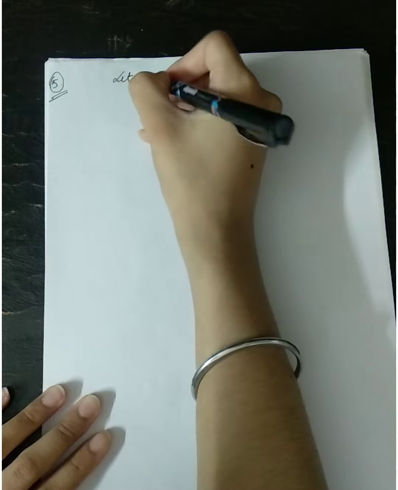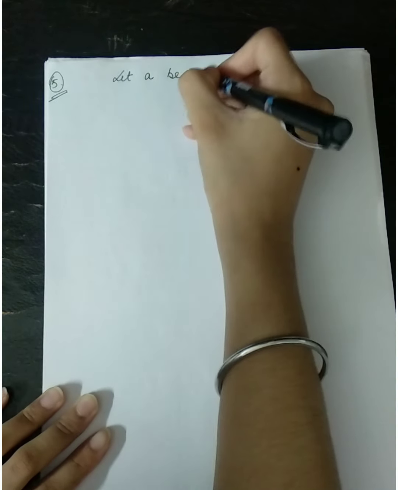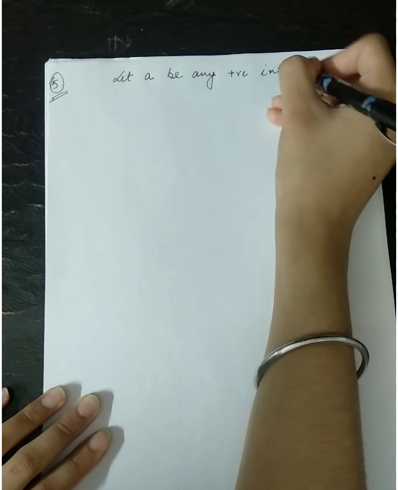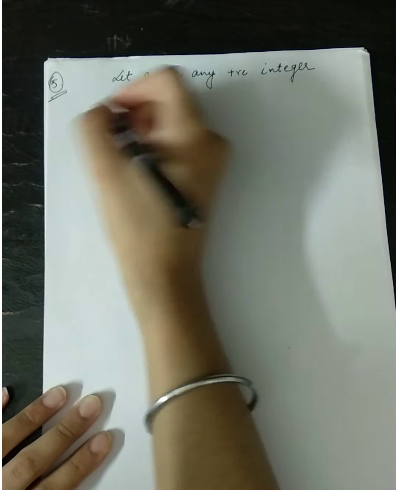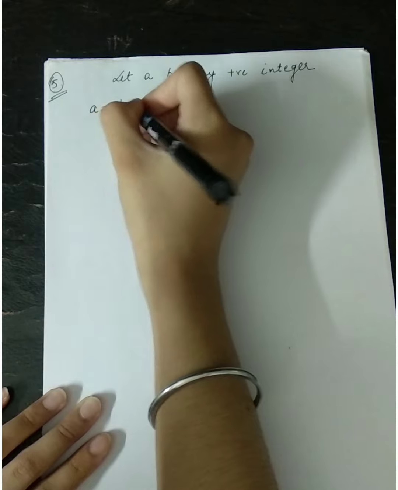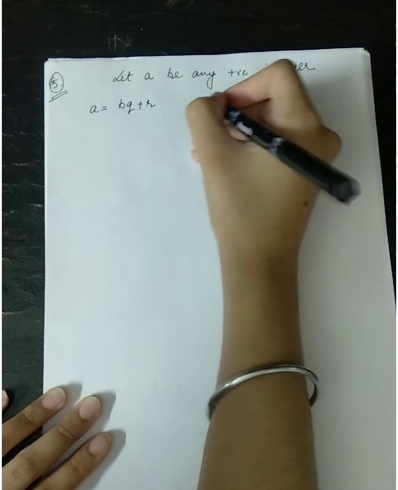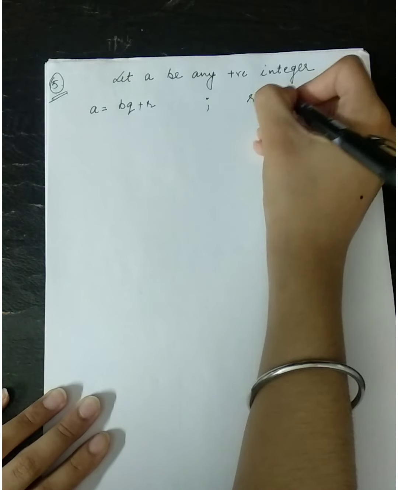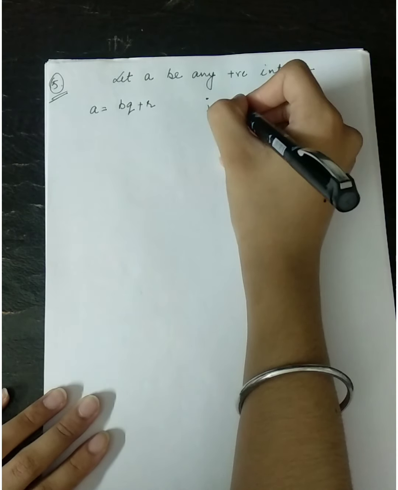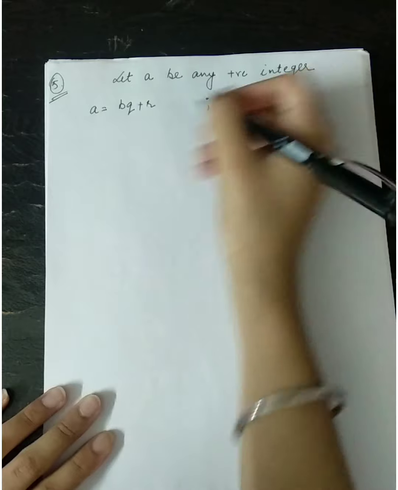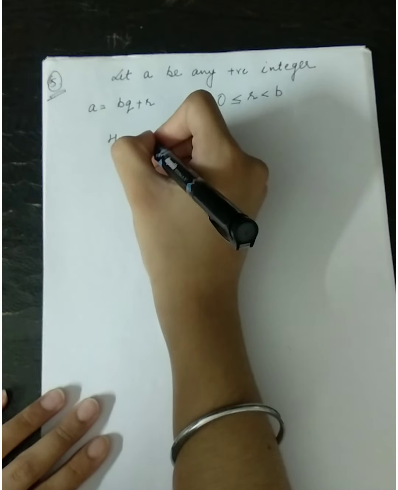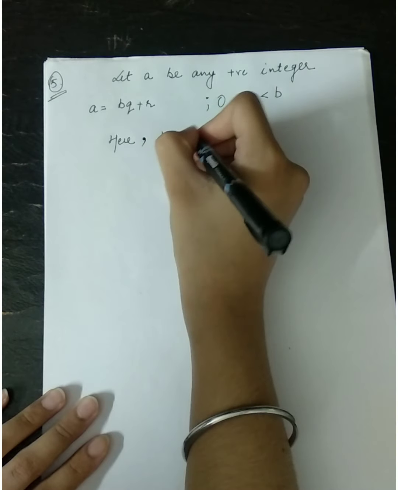Now, let A be any positive integer. Now, A is equal to BQ plus R, where R is greater than or equal to 0 and less than B. Now, here B is equal to 3.